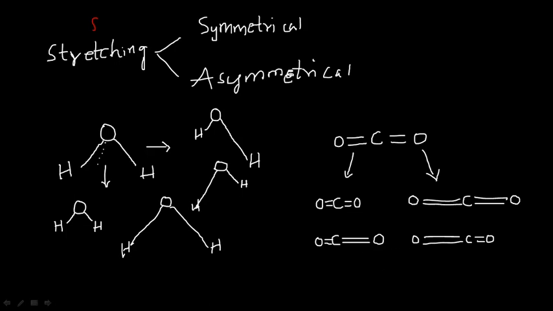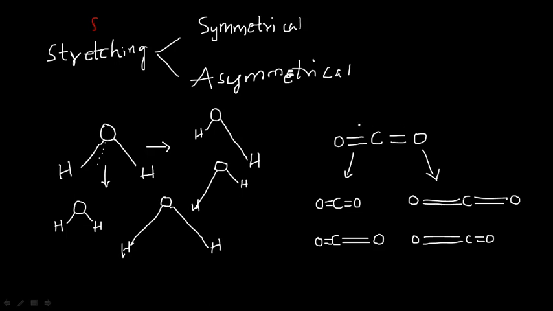There is a possibility like this: if this oxygen atom is undergoing elongation and this oxygen atom is undergoing compression, this is also asymmetrical stretching. So finally stretching is of two types: symmetrical stretching and asymmetrical stretching. If you are considering a non-linear molecule, these two are the structures of symmetrical stretching, and these two are asymmetrical stretching.